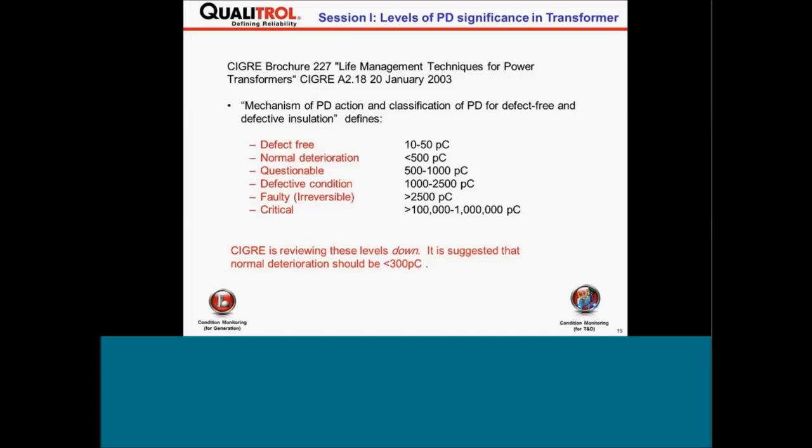What levels are significant in transformers? Again, Cigre published a brochure in 2003.